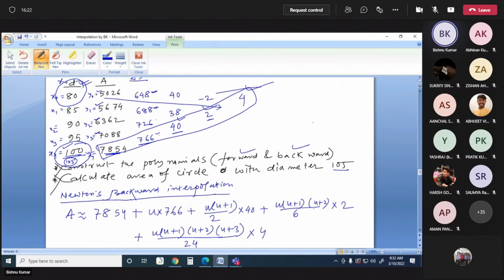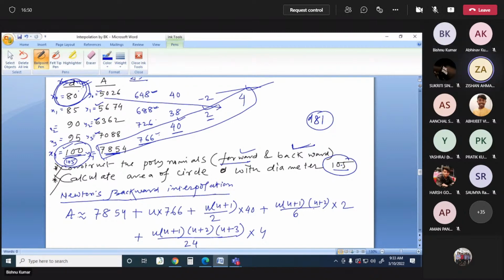Suppose I have to calculate the area at diameter 81. The 81 belongs to the starting neighborhood, the neighborhood of 80, so I will use Newton forward interpolation. But the asking point is 105, that is why I am using Newton backward interpolation here. Only that is the logic.